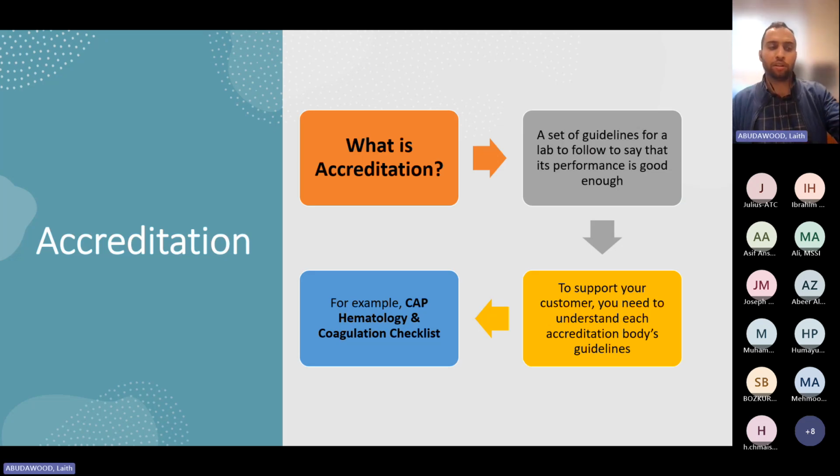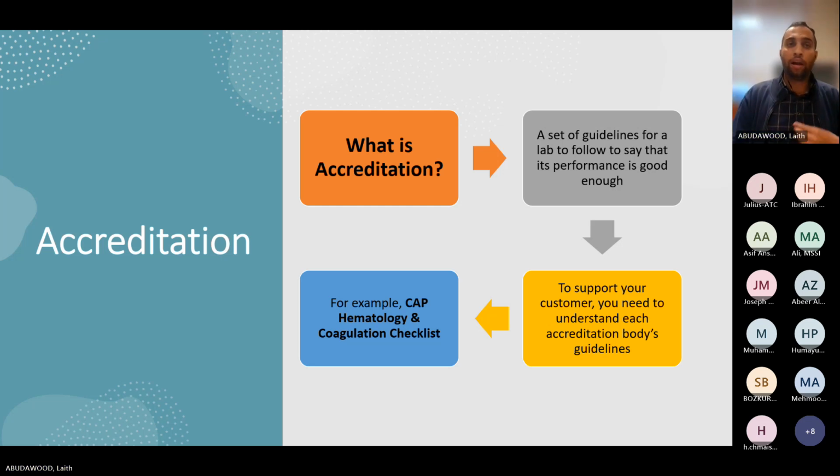Now, speaking about accreditation, I cannot say there are specific rules, but the same thing applies to CAP, the same thing applies to ISO, the same thing applies to the CLSI. Now, before we go into that, what exactly is accreditation? Accreditation is very simply this: I, as a lab, do laboratory testing for whatever, coagulation, hematology, doesn't matter.